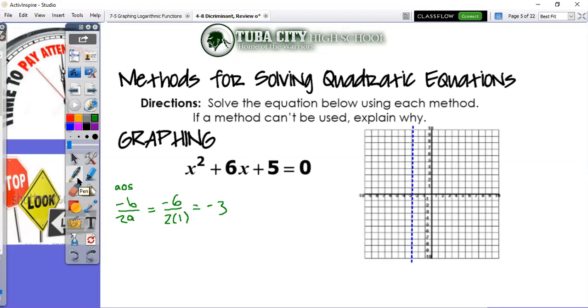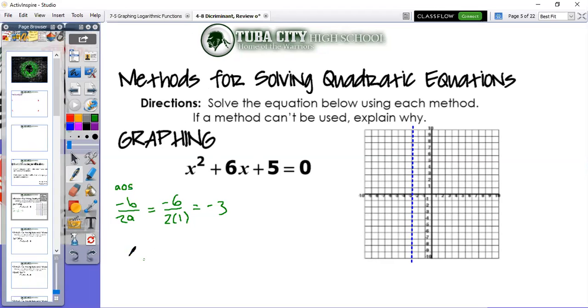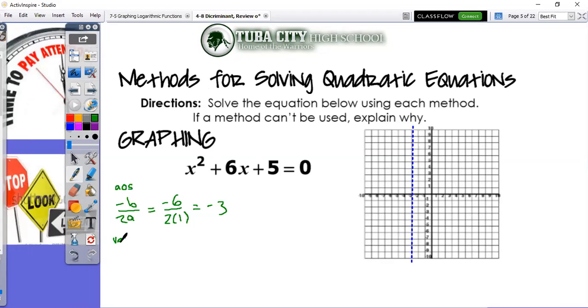All right. But we also need to know where the vertex is to graph a quadratic. So what we have to do is plug this in for x. So it'd be like f of negative 3, and plug in negative 3 everywhere we have x.